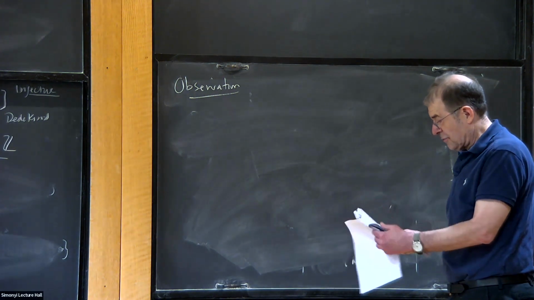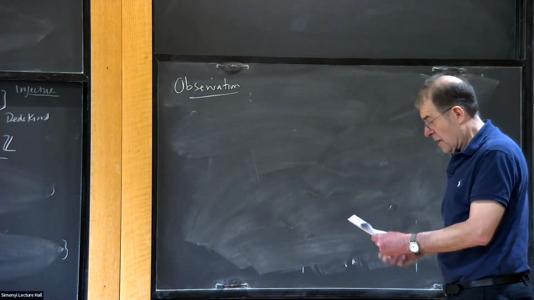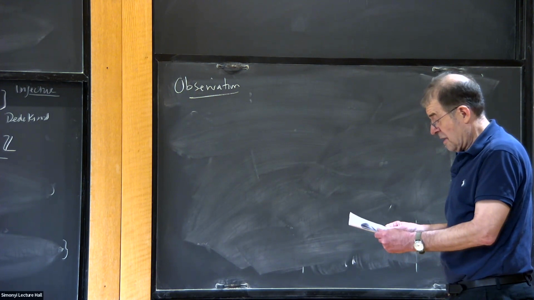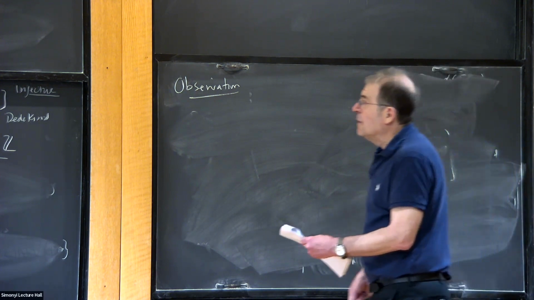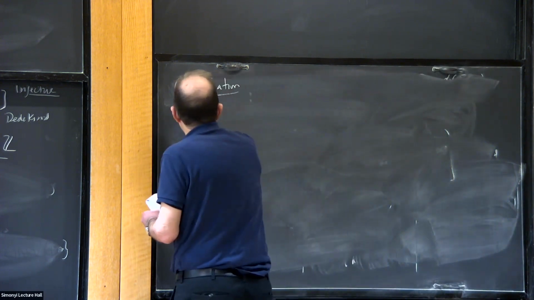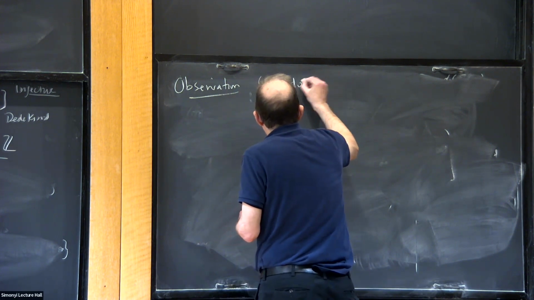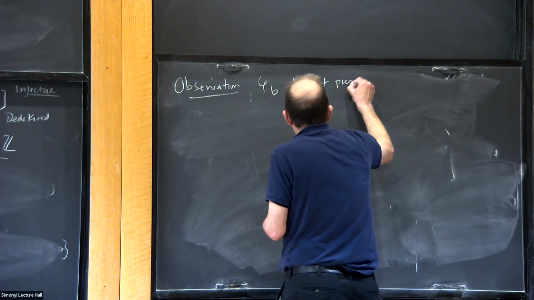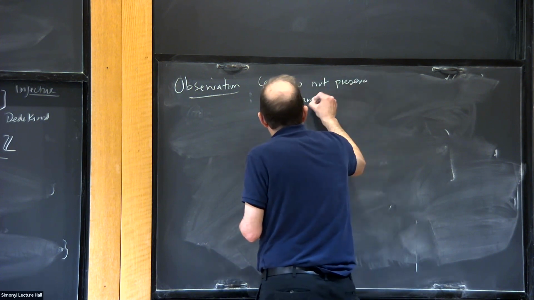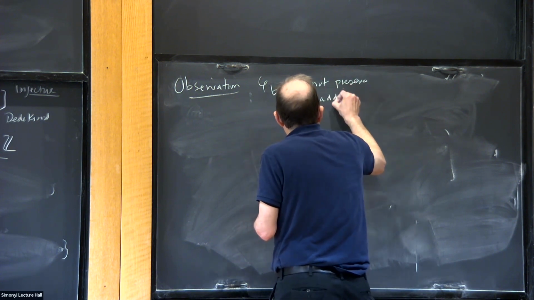And I'd also like to address Peter's question. Well, maybe so the observation is the phi_B do not preserve ring addition or ring multiplication.